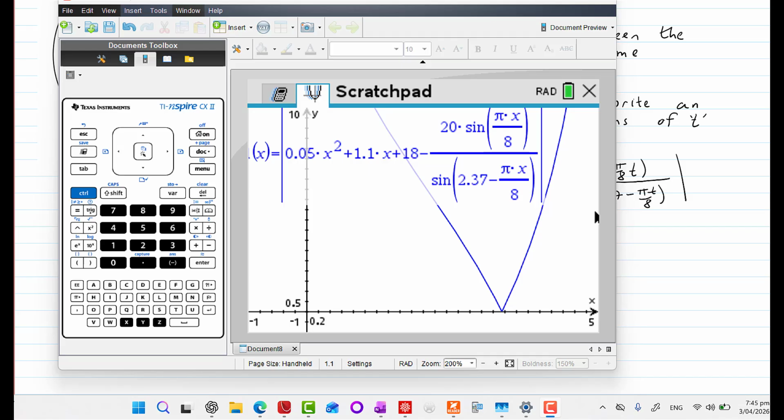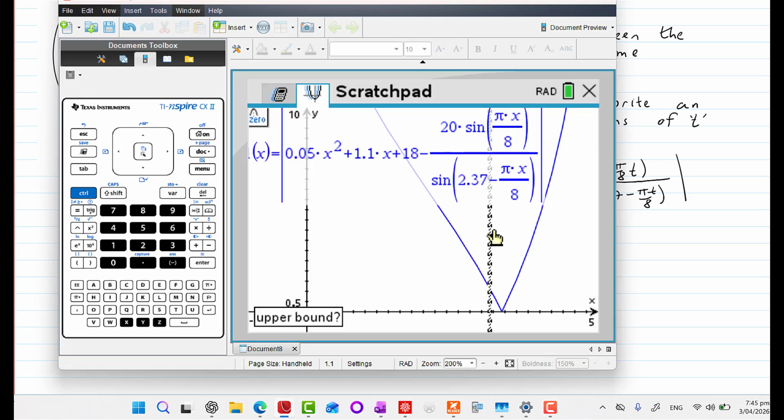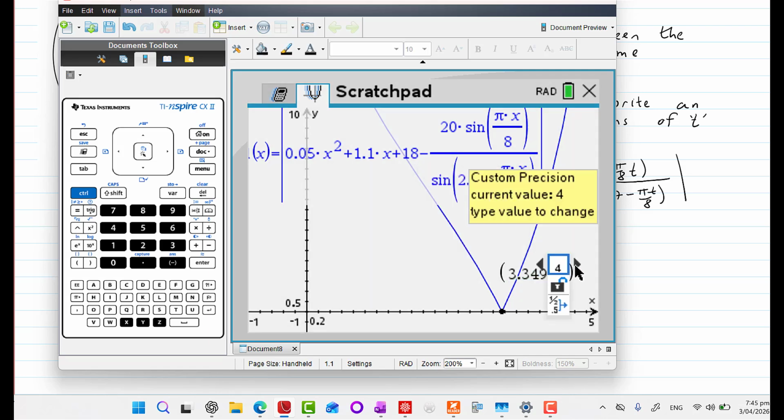Okay, so here's the graph of W, which was the absolute value of G of t minus D of t. So we just have to look for when it is first equal to 0, that function there. So we just analyze the graph, 0, and about there. Okay, so about 3.349. I'll just get a couple more decimal places there.